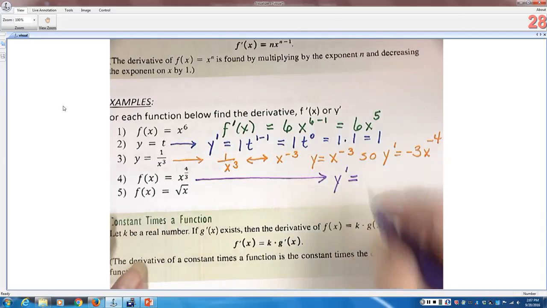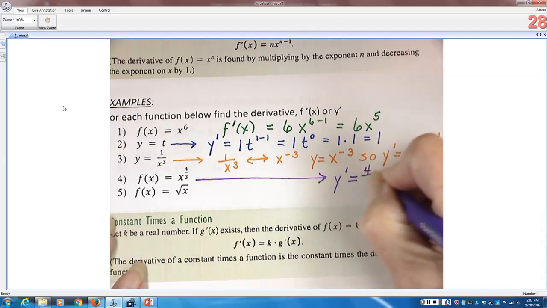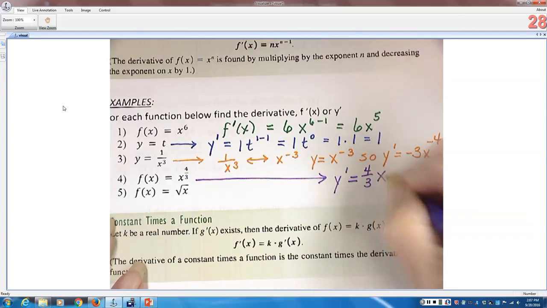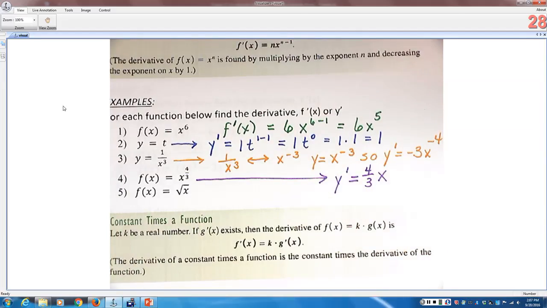Okay, so y prime equals 4/3 times x. What's the power going to be? What do you think, Tom? What's the power going to be?